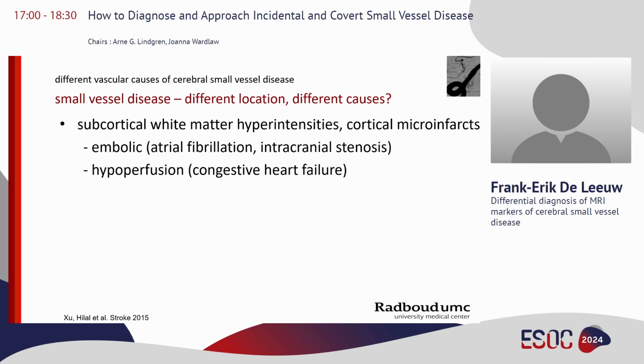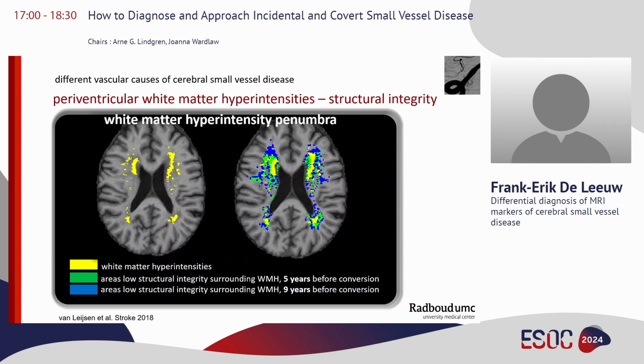So now let's move on from the subcortical white matter lesions to periventricular white matter lesions. And we can also already point to the term periventricular penumbra, and I think it's nicely illustrated by this picture here. In yellow, you see areas of pre-existing white matter lesions, periventricular capping, indicative of small vessel disease.